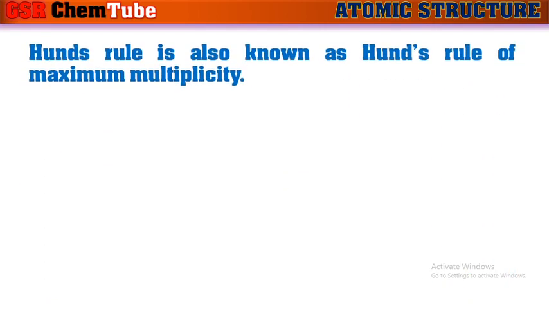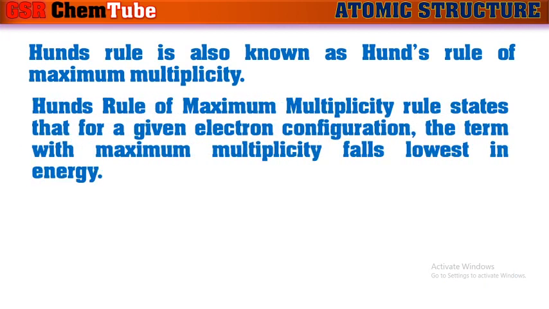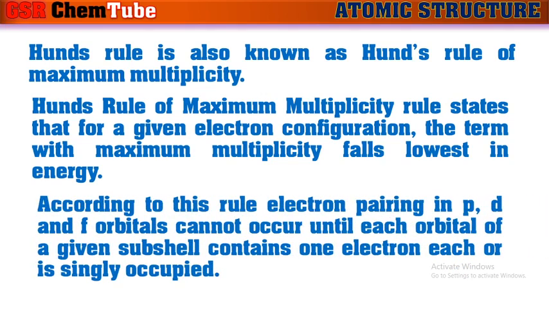Hund's rule is also known as Hund's rule of maximum multiplicity. This rule states that for a given electronic configuration, the term with maximum multiplicity has the lowest energy. According to this rule, electron pairing in p, d and f orbitals cannot occur until each orbital of a given subshell contains one electron, or is singly occupied.